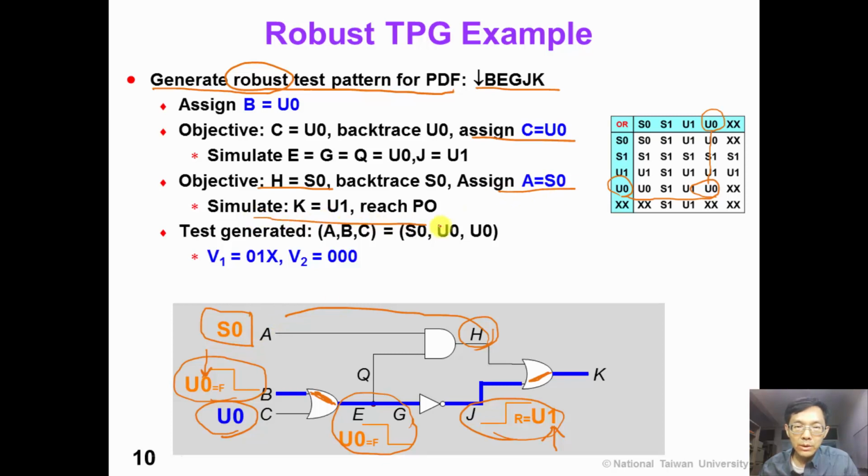And we perform a simulation. Now H is static 0 and K is U1. The rising transition has reached primary output K. So we generate a test pattern which is S0, U0, U0. This is a robust test pattern because all the gates on this path are robustly sensitized.